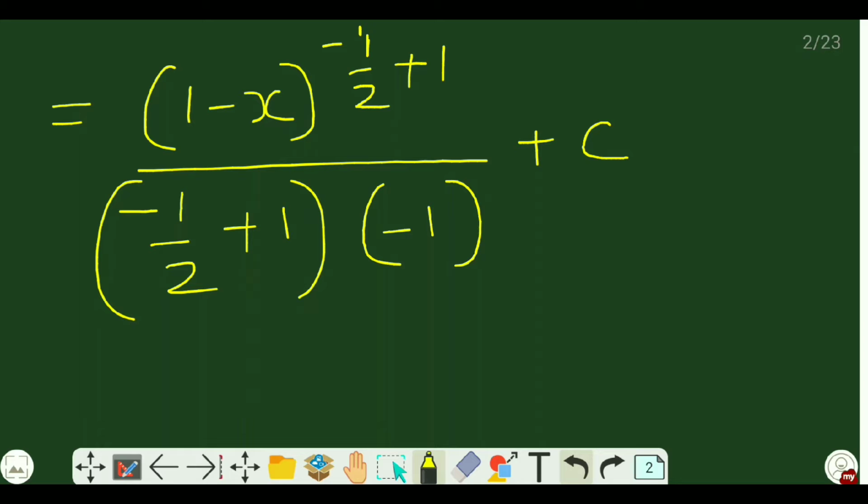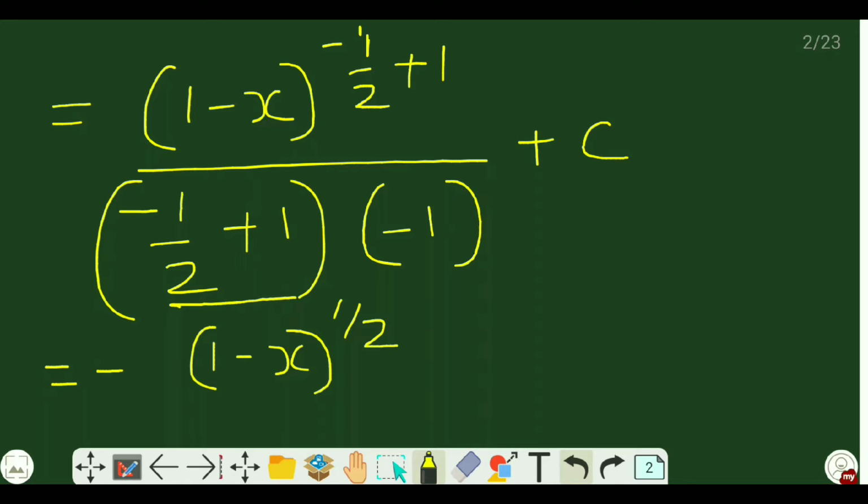Then solving it further, we get (1 minus x) raised to minus half plus 1, that is 1 minus half, which is half. The minus sign comes up over here, and again in the denominator minus half plus 1 becomes half.